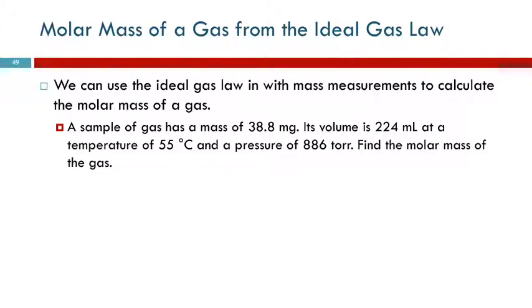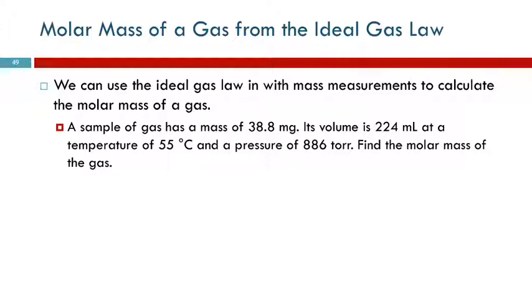We can use the ideal gas law along with a measurement of mass to calculate the molar mass of a gas. Finding molar masses is often not very straightforward. You can use a very expensive instrument called a mass spectrometer, or you can do some sophisticated reactions where you look at combining ratios.